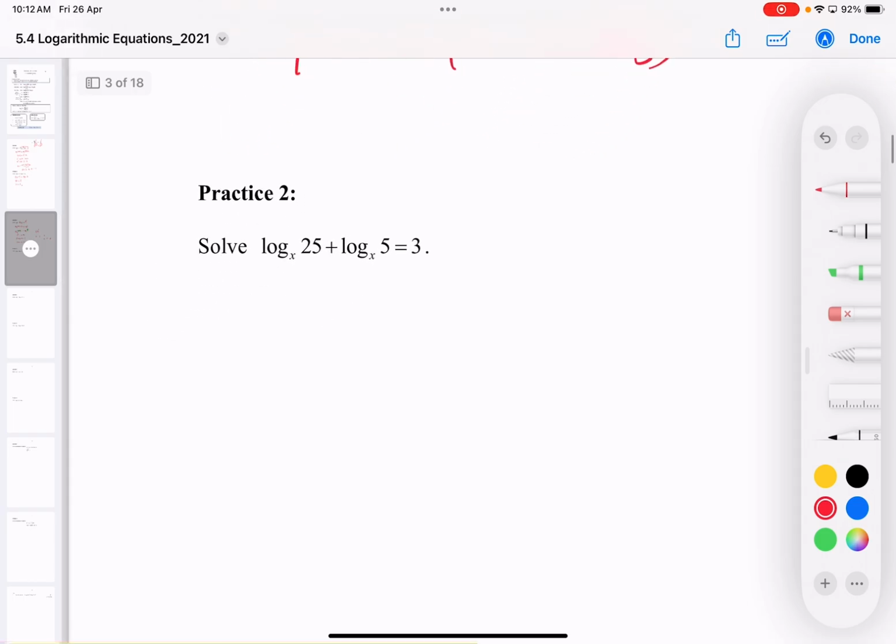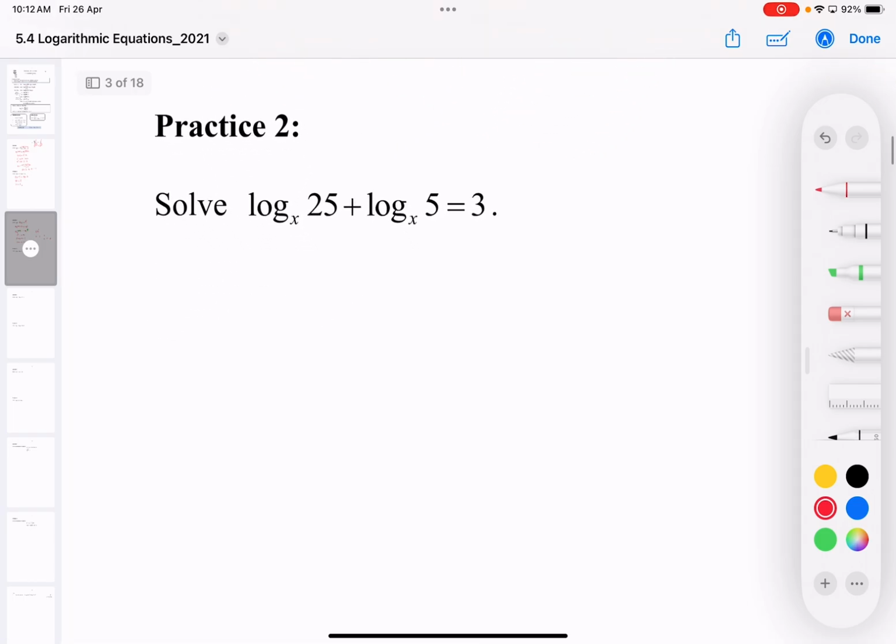Okay, let's look at practice number 2. Can you please try this one by yourself? When you are done, you look up and check your answer with mine.